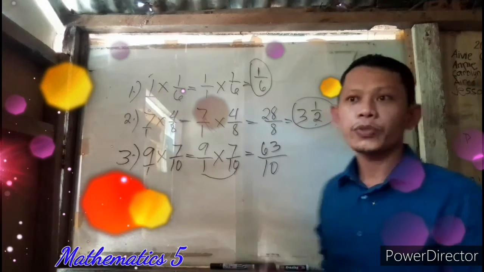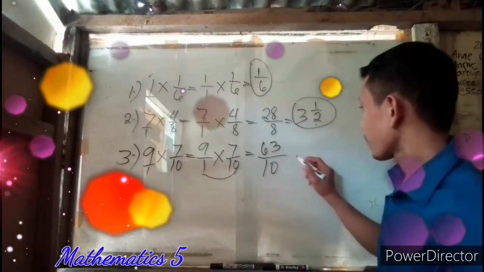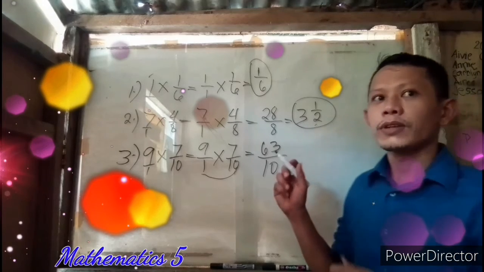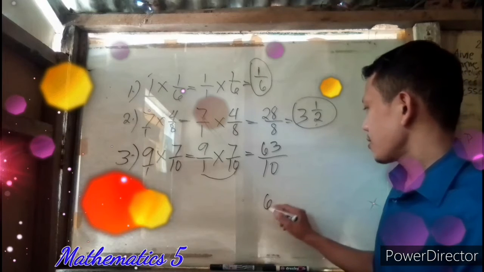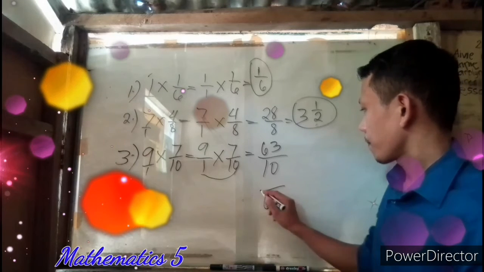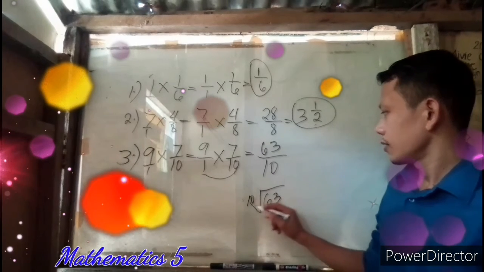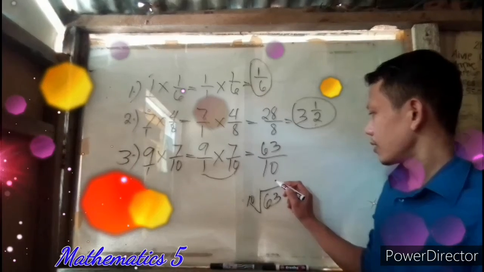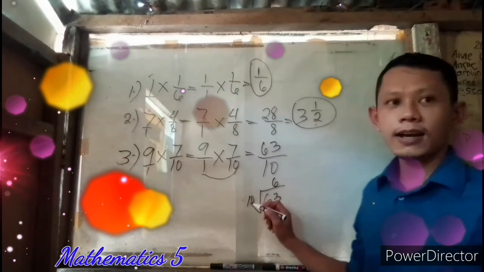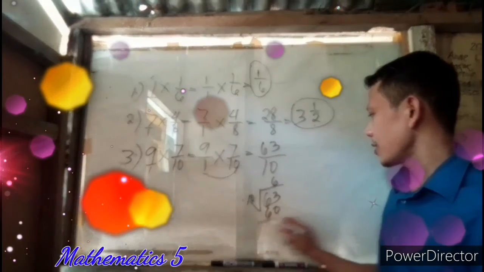So what we're going to do is simplify into the lowest form. To solve easily, we're going to divide 63 by 10. 6 multiplied by 10 is equal to 60.